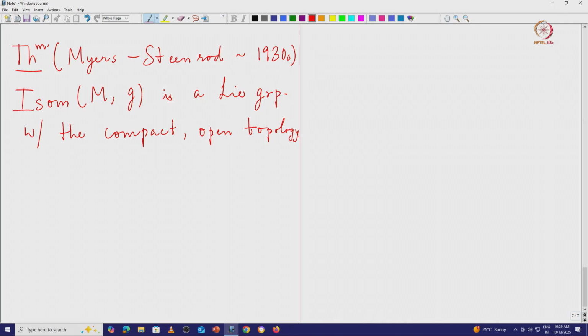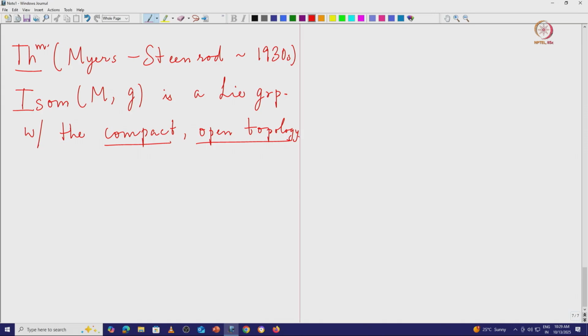Okay. So this is basically the topology of uniform convergence on compact sets. So with this topology the isometry group, it turns out, has a nice smooth structure and it becomes a Lie group. We won't prove this because the proof requires some effort, but I thought that this is such a basic fact that you should at least be aware of it.